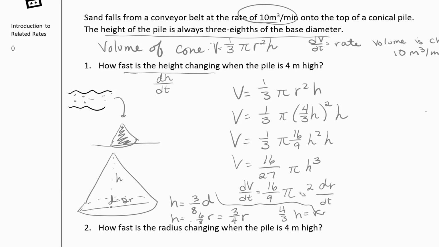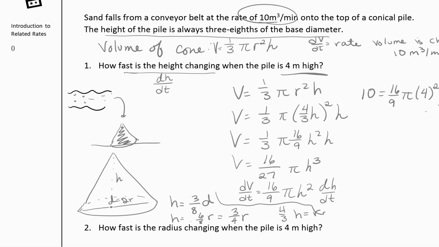Oops, sorry, that should be an h, not an r. dH dt is what we're trying to find when h is 4. We were already told that dV dt is 10, so we're going to have 10 equals 16/9 pi times 4 squared dH dt.